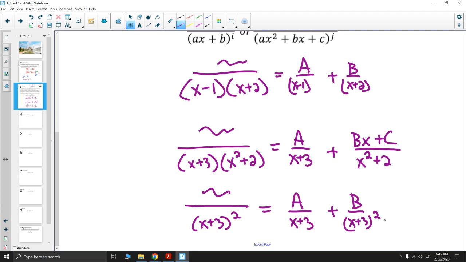So if we had a cubed, we'd have to do another one over the cubed, and so on and so forth. And then beyond that, it's any combination of what I've just shown. So we want to factor it completely, then split it up using A's and B's, and then solve for A and B. And you'll see that in action in just a second.